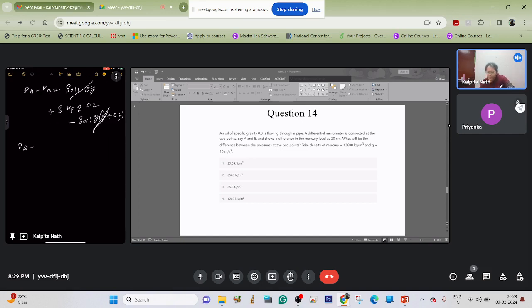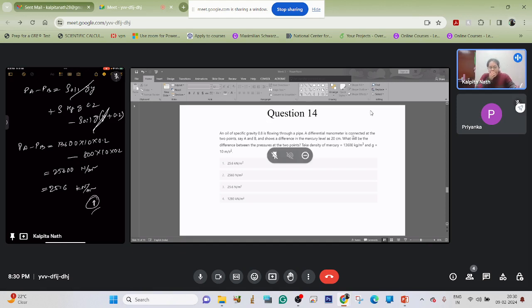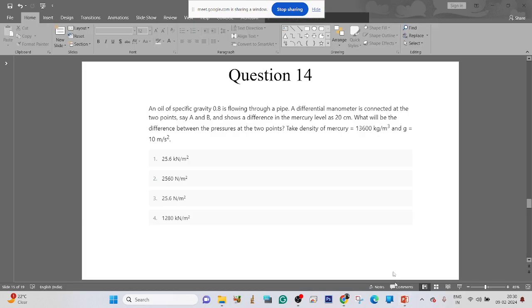So PA minus PB is equal to 13600 into 10 into 0.2 minus 800 into 10 into 0.2. So this will be equal to 25600 Newton per meter square, which is 25.6 kilonewton per meter square. So this is option 1. Okay.